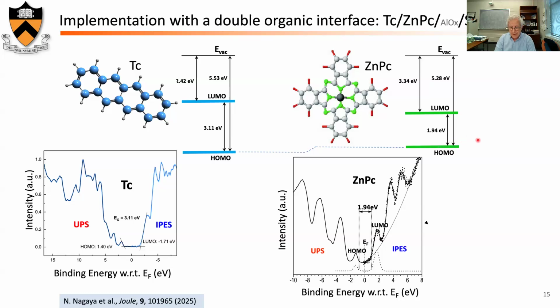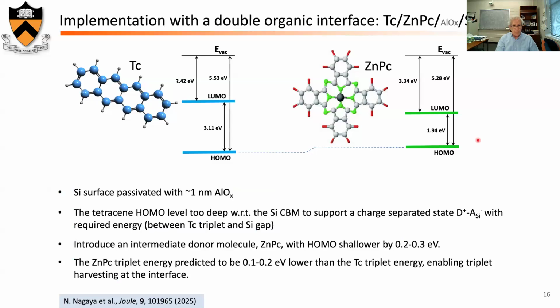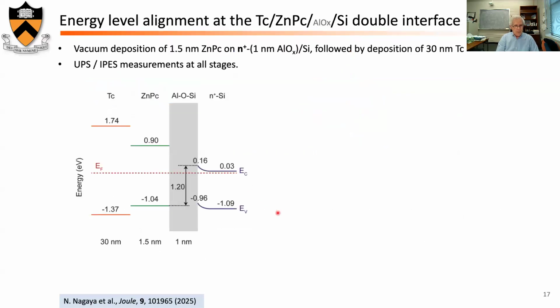That was the idea behind this double interface. The other thing, of course, is that the zinc PC triplet energy is predicted to be slightly below that of tetrazine, and therefore the zinc PC could accept the triplet coming from tetrazine and help with the dissociation of the triplet at the interface between zinc PC and the silicon.